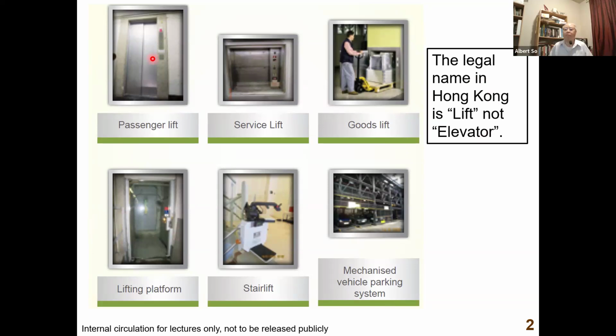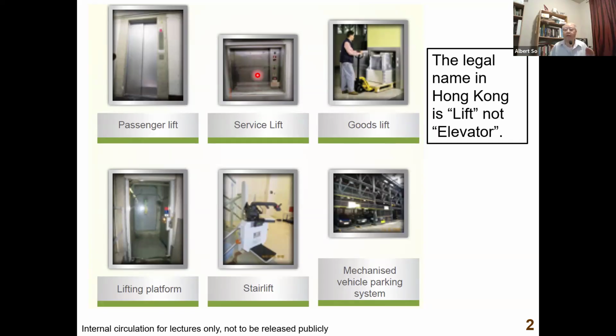A passenger lift usually serves the passengers going around the building, and then you have the service lift. Now you can see here this service lift, and maybe you are familiar with it. A service lift is also called a dumb waiter. It's mainly used in restaurants.